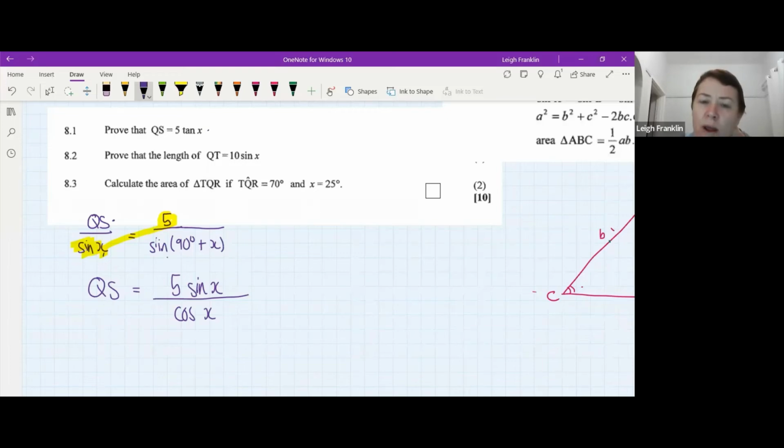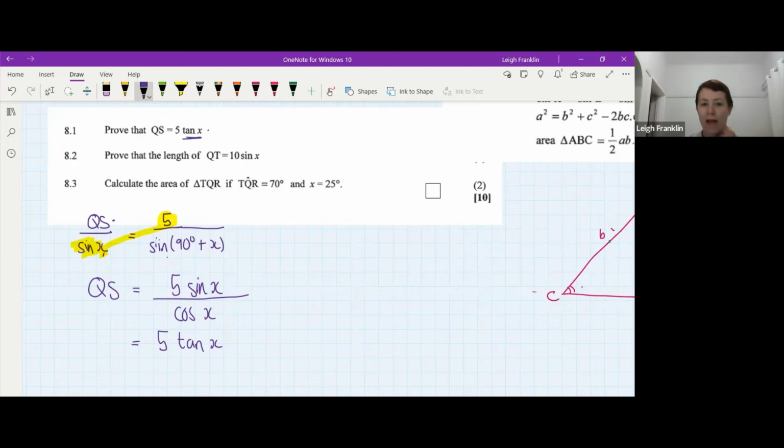That's where our grade 11 co-ratios, our reduction formulae, come in; we need to learn this. And now we know that sine x over cos x is tan x, and that is where 5 tan x comes from.